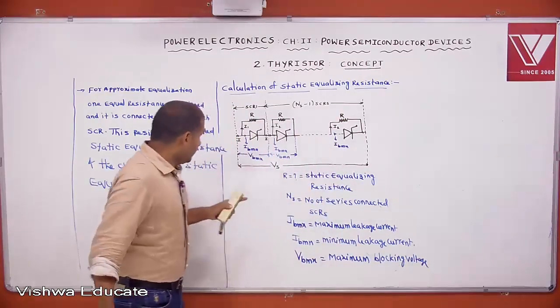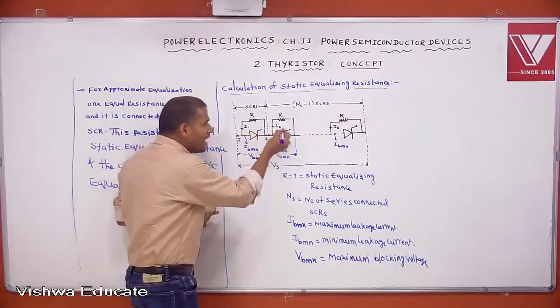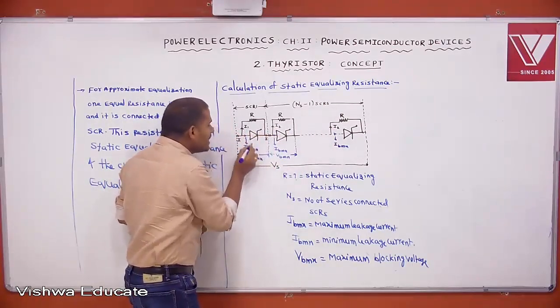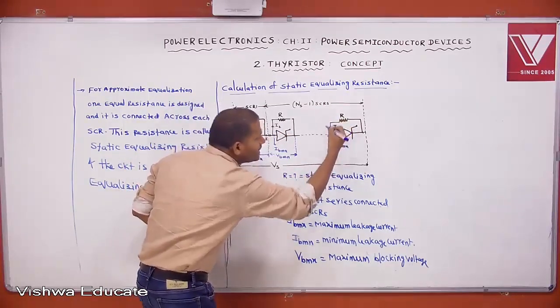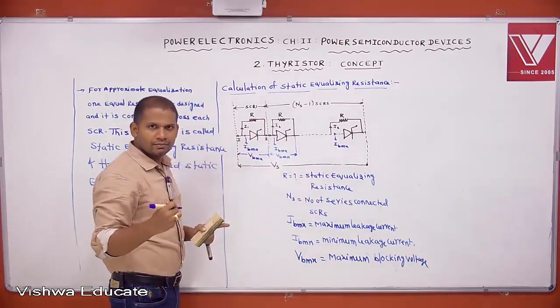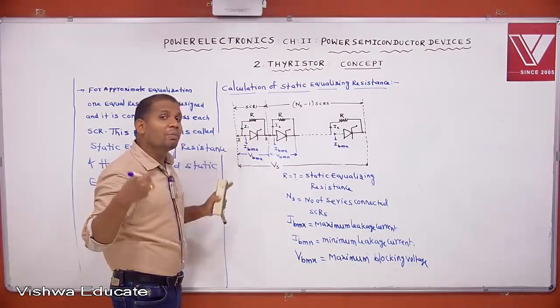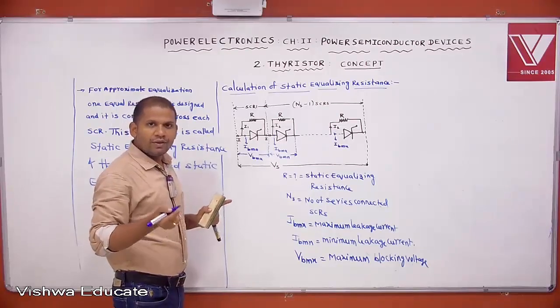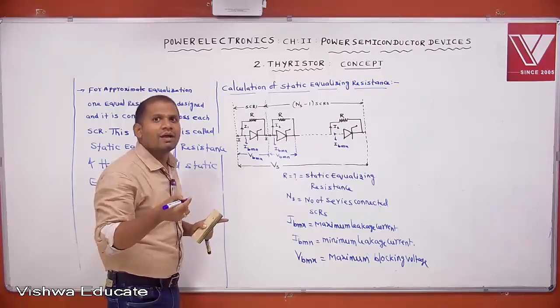The point to remember: all these SCRs are under forward blocking mode. That's why I am saying this SCR is carrying leakage current, this SCR is also carrying leakage current. But the SCR which carries the minimum leakage current blocks more voltage.